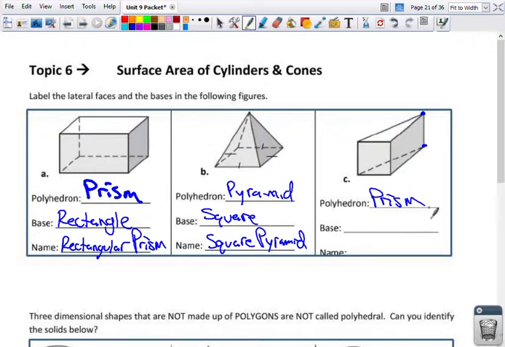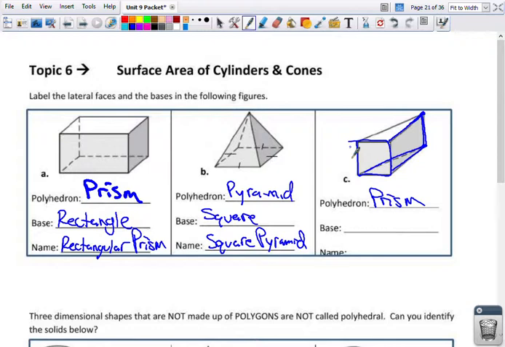All right, and now the hard part is, what is the base here? Remember, we're looking for the parallel faces. This square here on the end doesn't have a parallel face to it. These two rectangles right here and right here, I can't draw, it's kind of blinded, they're not parallel.